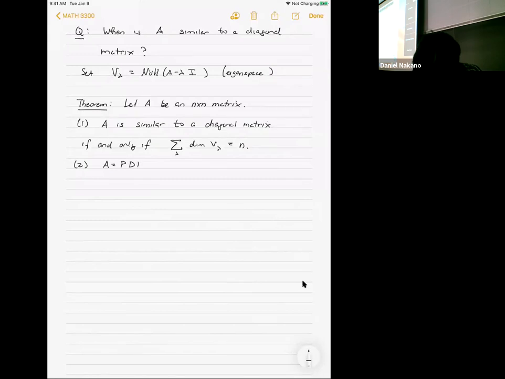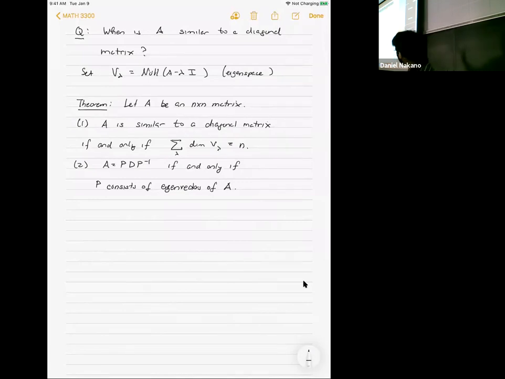A is similar to a diagonal matrix, A equals P D P inverse, if and only if P consists of eigenvectors of A. So to actually get the P, I have to compute the eigenvectors.